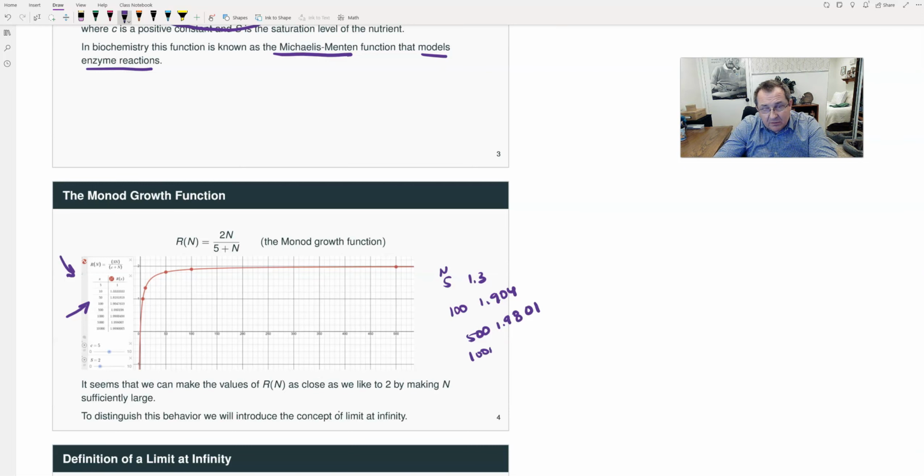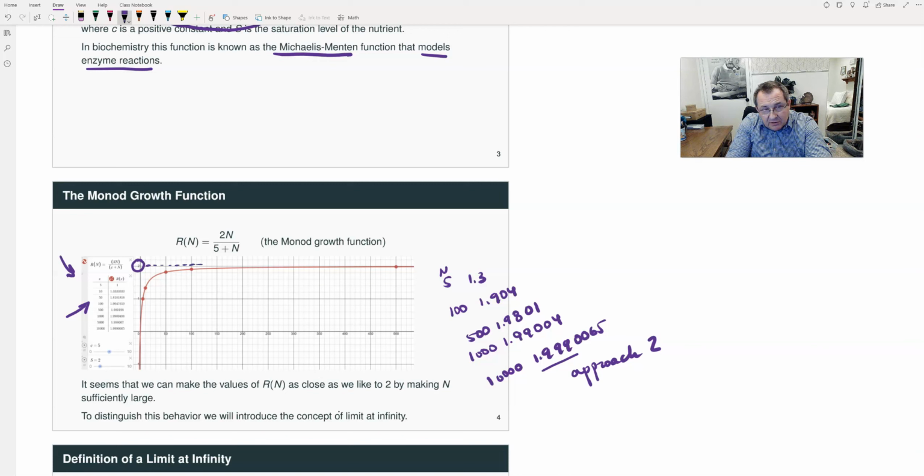For 1,000, we have 1.99004. For 10,000, we have 1.9990065. So there's something that we notice in these values. They start to approach a value of 2, which is right over here.